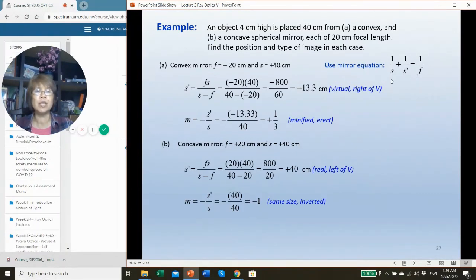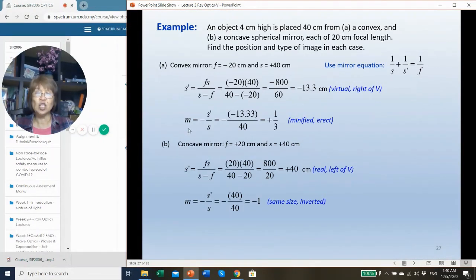So using the mirror equation, substitute the values in. You have 1 over 40 plus 1 over s prime, which you don't know, equals negative 1 over 20. And it will work out that s prime equals negative 13.3 cm. That means it's formed behind the mirror. The negative sign means it's behind, it's virtual.